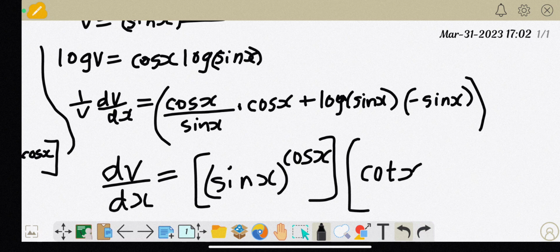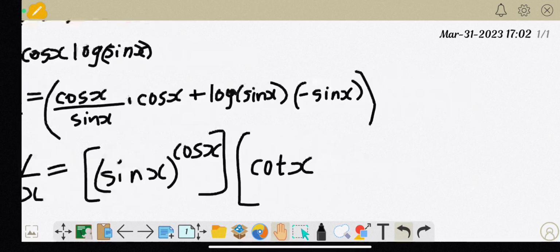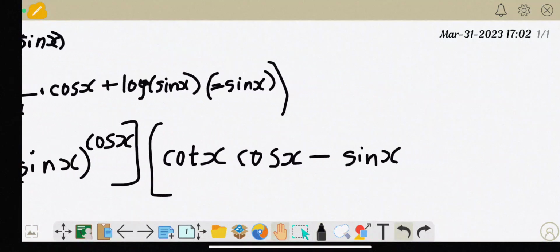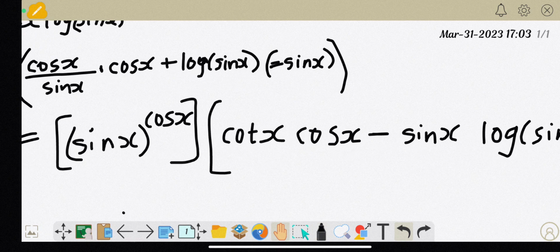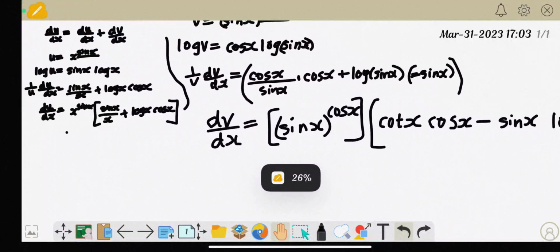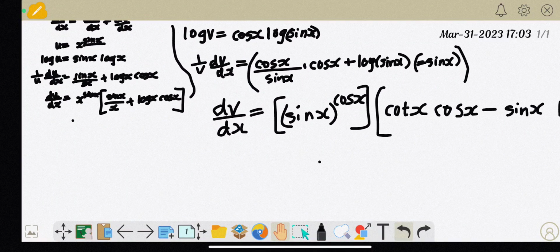Cot x into cos x minus this minus sign. Sin x, sin x I'm writing it first, into log sin x. Okay, so we have dv by dx, we have du by dx.